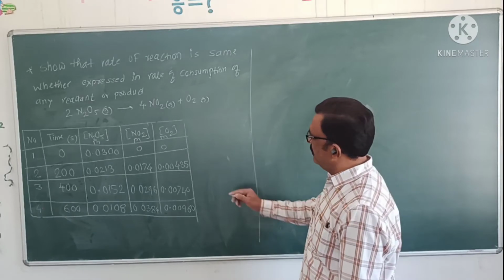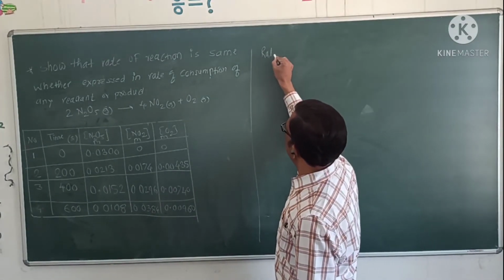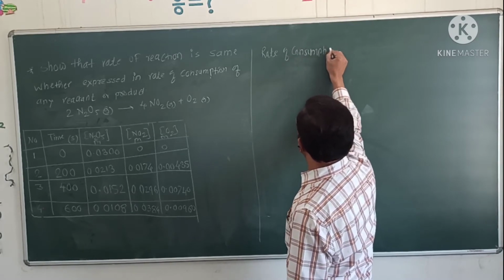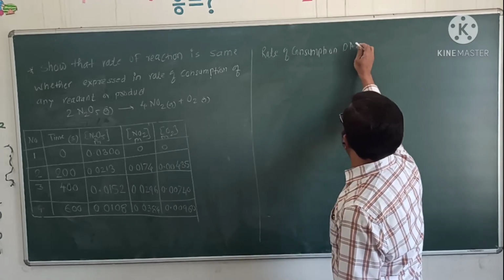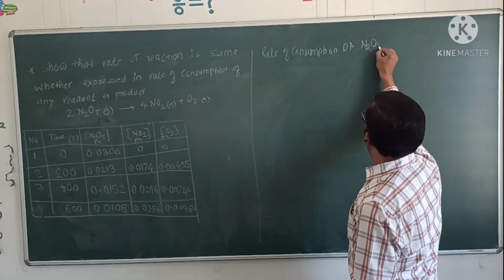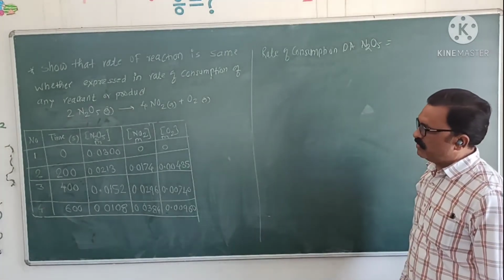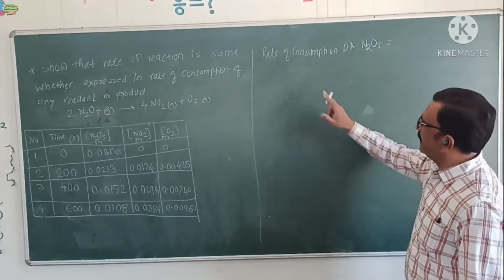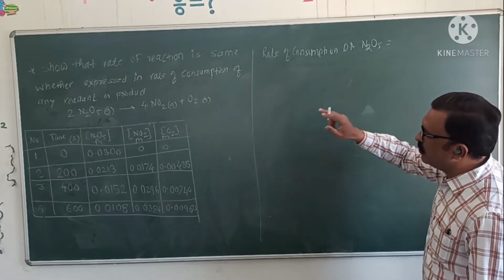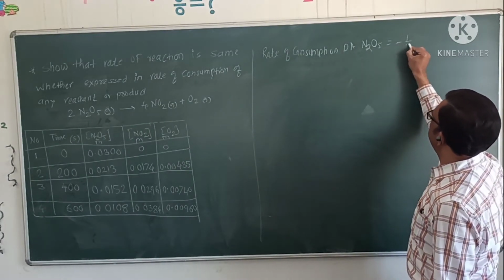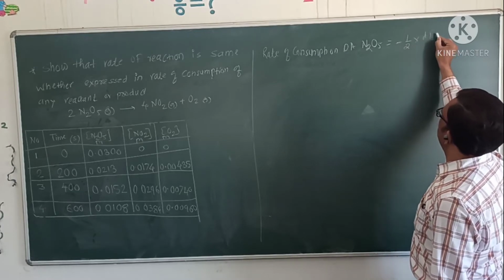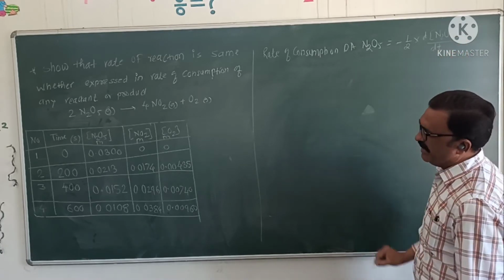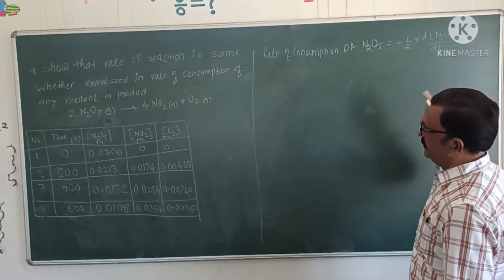First of all, the rate of consumption of N2O5 is equal to, according to instantaneous rate, minus 1 into del, the small change in concentration of N2O5 divided by the small change in time, del t.